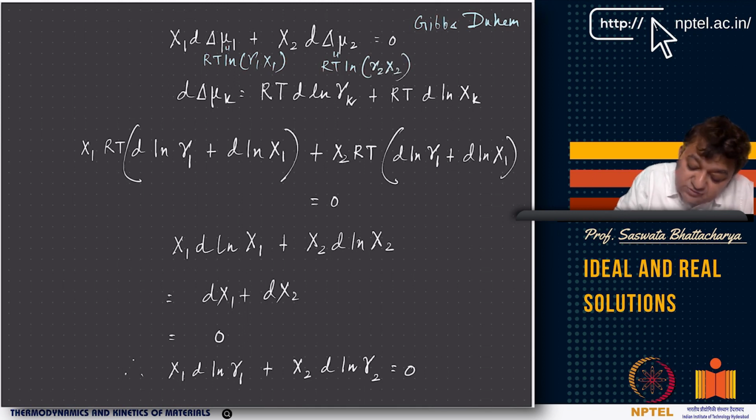Now you do a chain rule. So d delta mu 1 is RT d ln gamma 1 plus RT d ln x1.